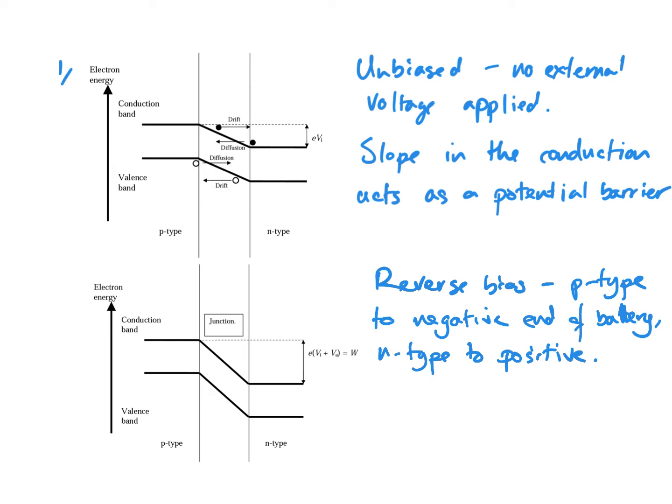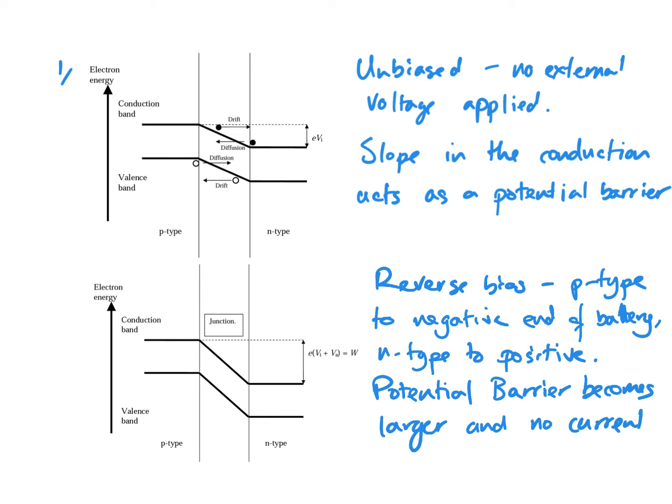And so the potential barrier becomes larger and basically no current can flow.